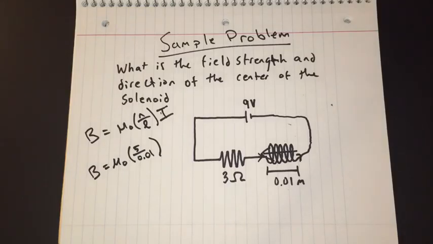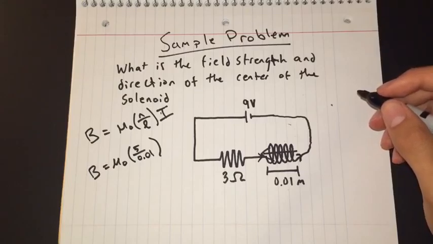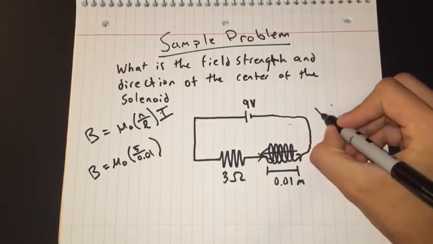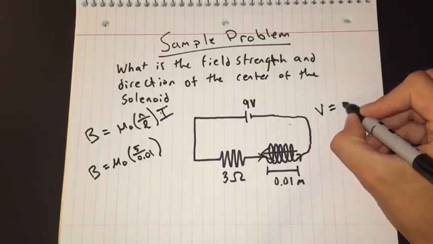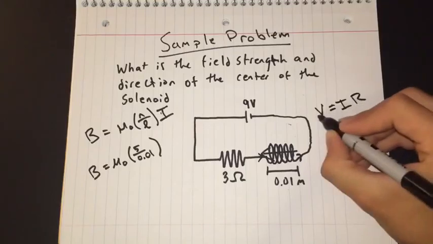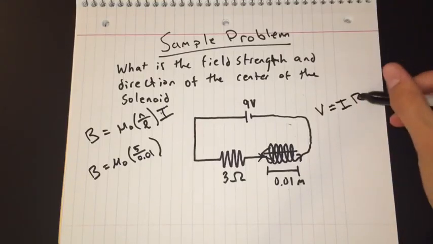Initially it looks kind of hard to figure out the current, but if you know anything about circuits, you will hopefully realize that V equals IR, that's the voltage, the current, and the resistance.